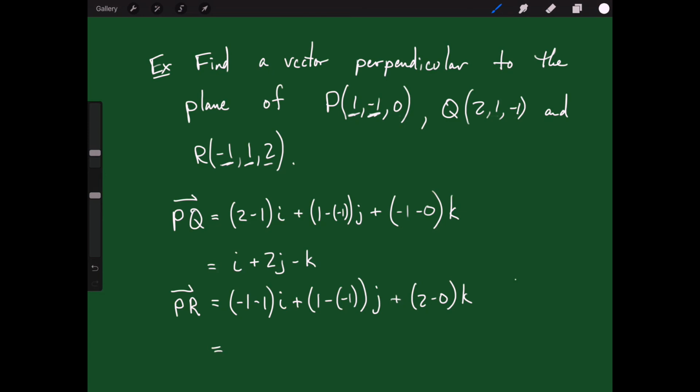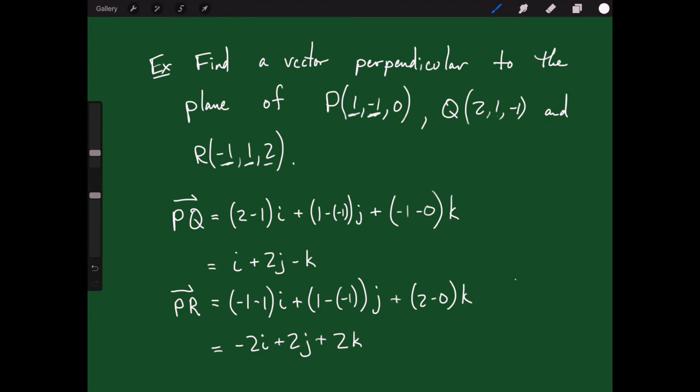So what do I end up with? Minus 1 minus 1 is negative 2i, 1 minus minus 1 is plus 2j, and then plus 2 minus 0 is 2k. All right, so I have my vector PQ and I have my vector PR.